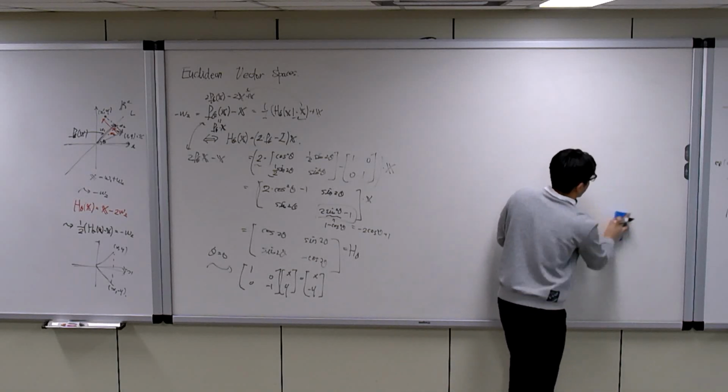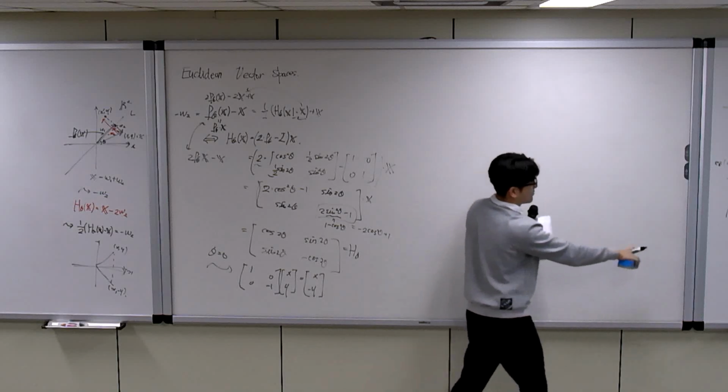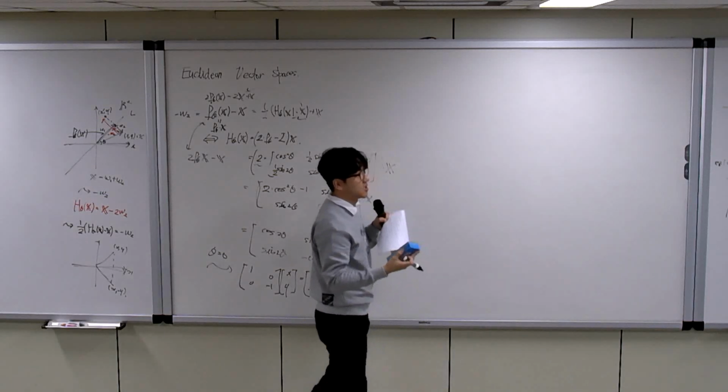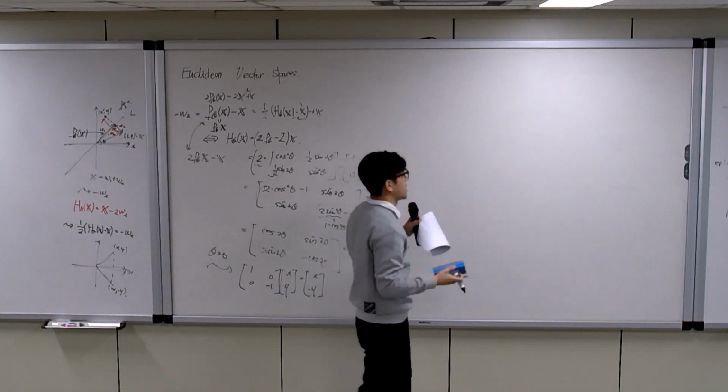So by calculating the dot product, you can get the rotation matrix in R to the 3, R to the 4, R to the n.